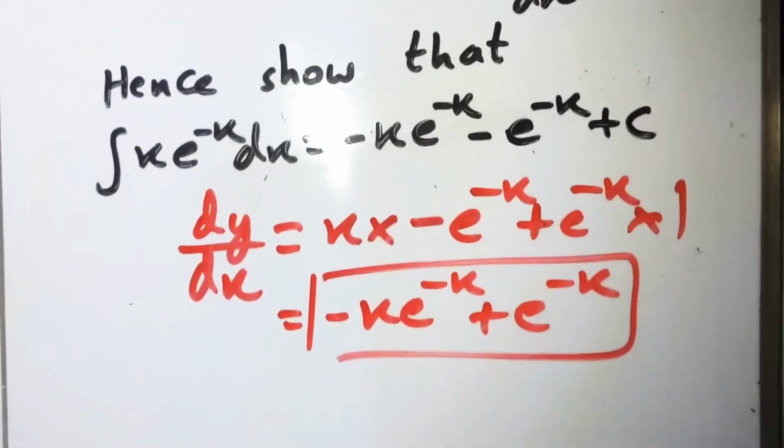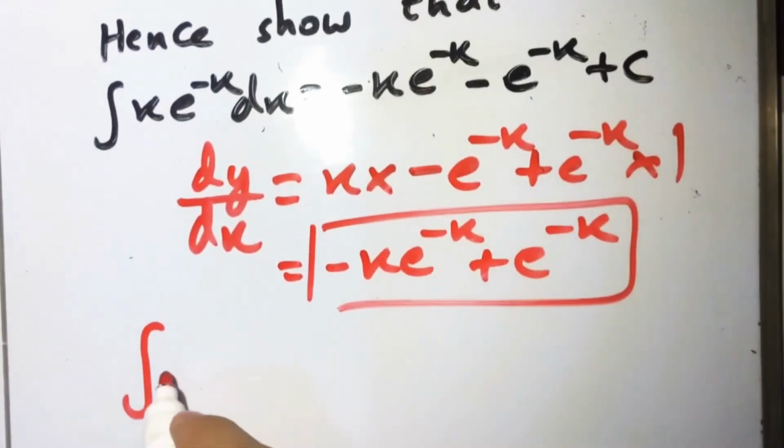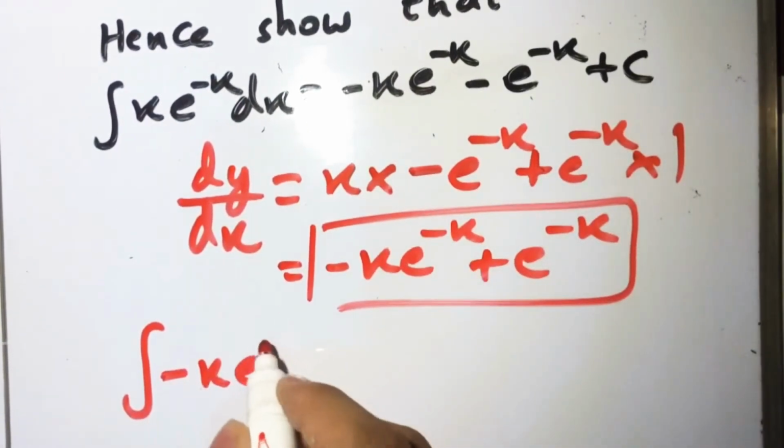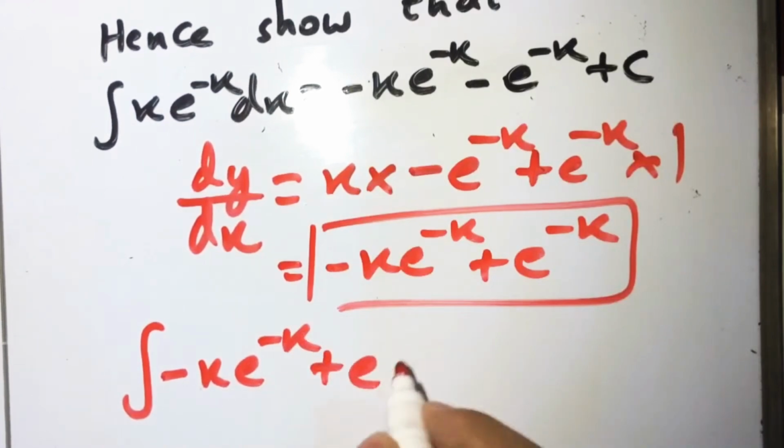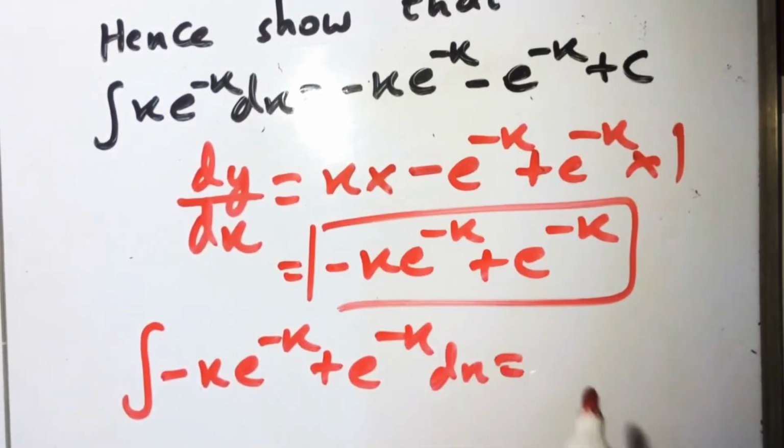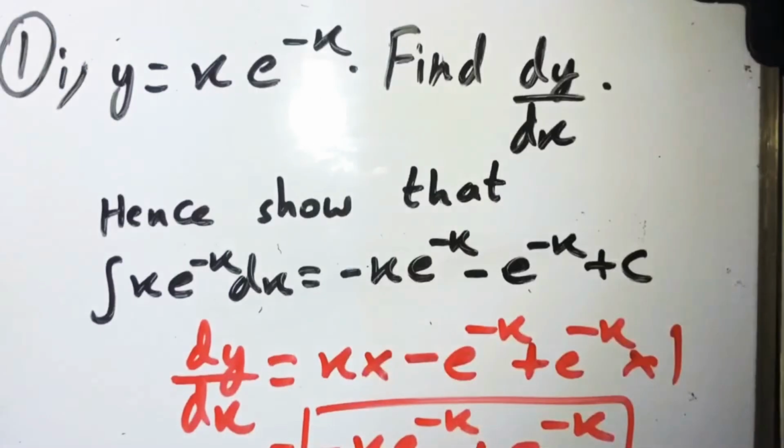Now you have to show that the integral of this is equal to the given expression. For that we'll first write the integral of this thing equal to the equation that we had in the question.